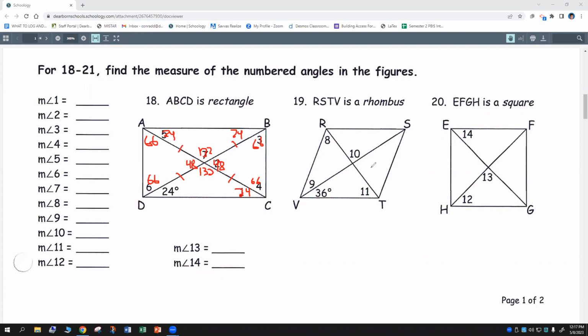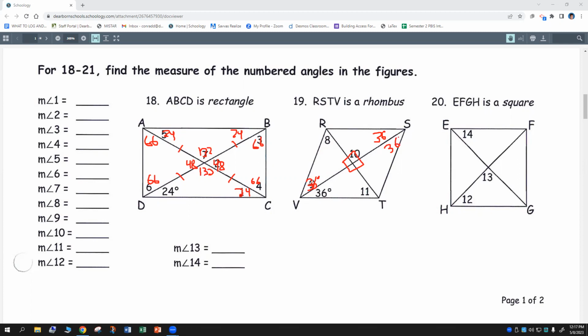All right, the rhombus. We know the diagonals are perpendicular in a rhombus. So we know all of these angles here are going to be 90 degrees. We know the diagonals bisect opposite angles, so angle 9 here should be 36 degrees. Since opposite angles of a parallelogram are equal, it's going to be 36 and 36.